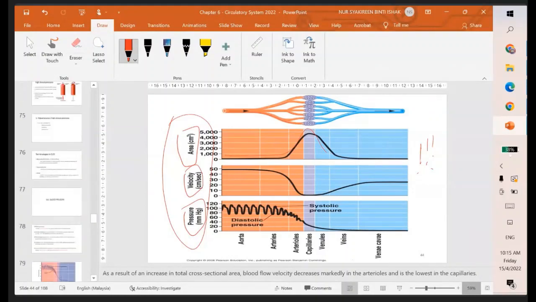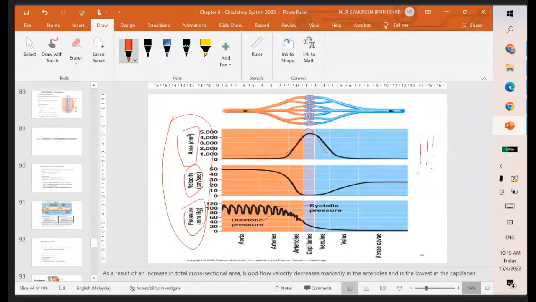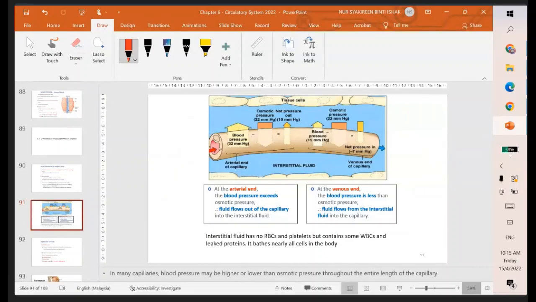Okay, this one here. So you have to know the difference between the blood pressure and the osmotic pressure in the blood and also in the interstitial fluid. You see here at the atrial end, the blood that flows with high blood pressure causes water from the blood to move out.